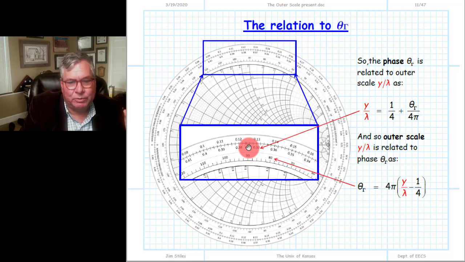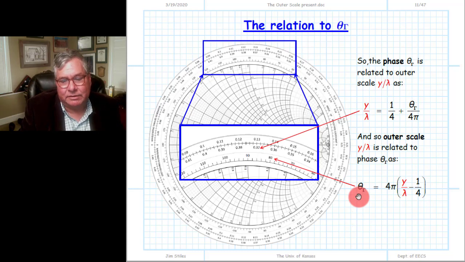And this mapping between theta and y over lambda can be written in this form, where we map the phase angle of gamma onto y over lambda, or in this form, where we relate the normalized index y over lambda to the resulting value of theta.